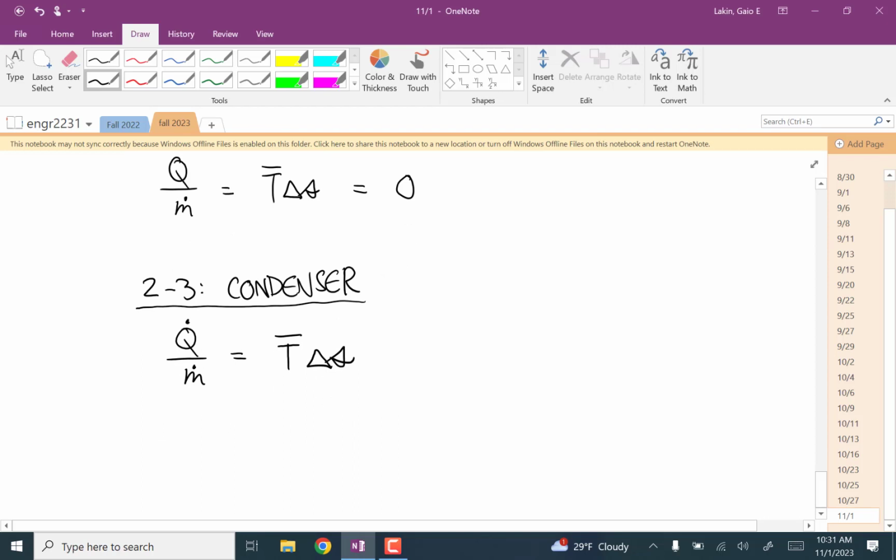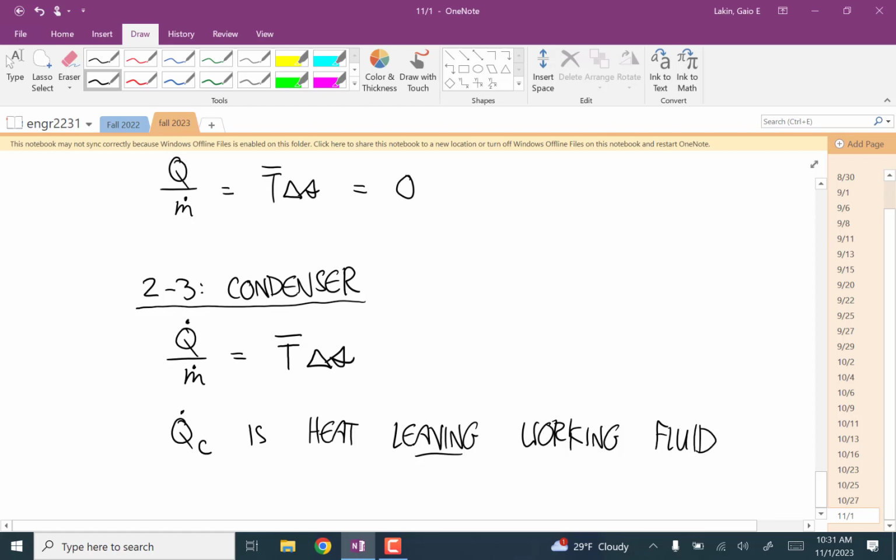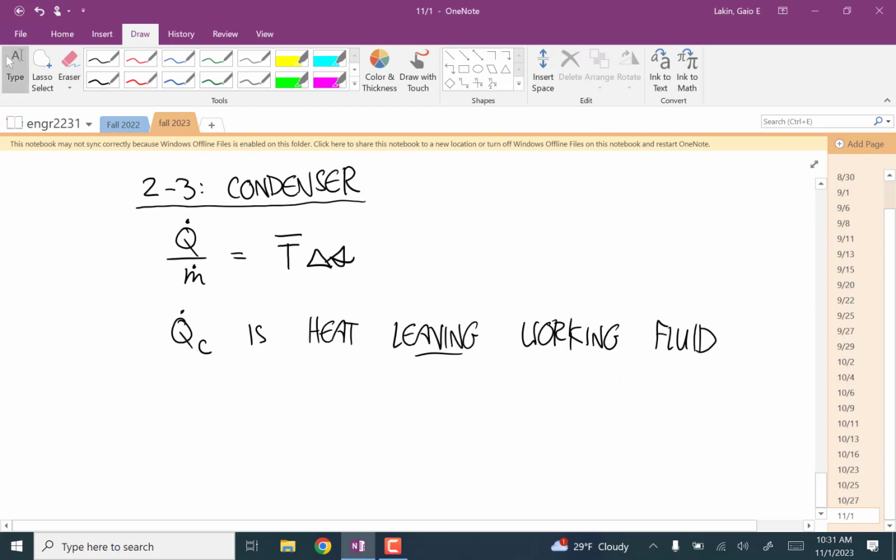At the condenser, Q dot C is heat leaving the working fluid. So we have negative Q dot C over m dot is equal to the average temperature times the change in entropy.